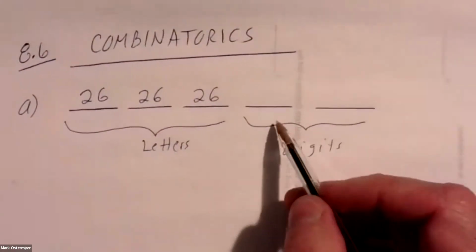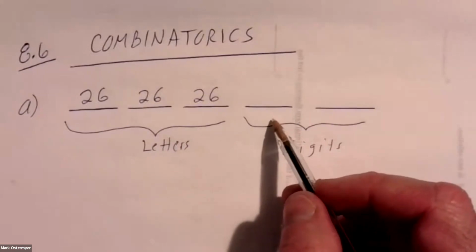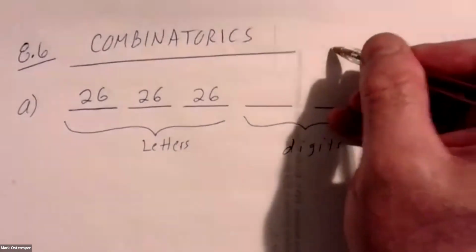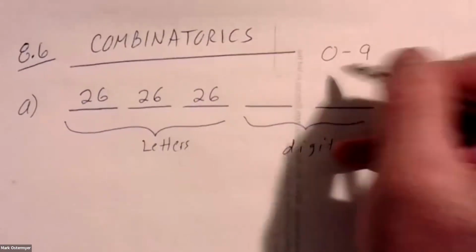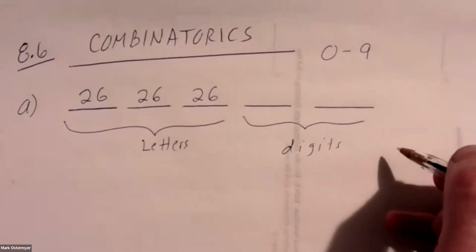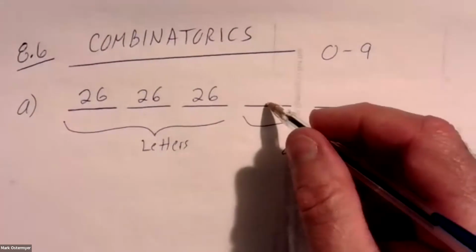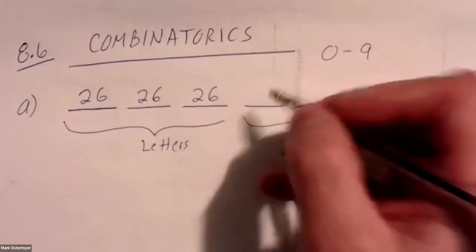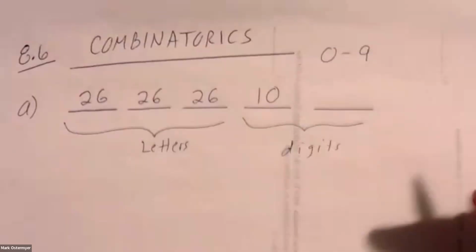How many digits could occupy the first slot here of the number portion of the password? Well, digits would be 0 to 9. That constitutes 10 digits, either a 0 or a 1 or a 2 or a 3 or 4 or 5 or 6 or 7 or 8 or 9 goes in here. That's 10 possibilities for a digit.